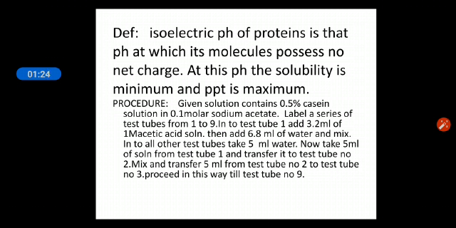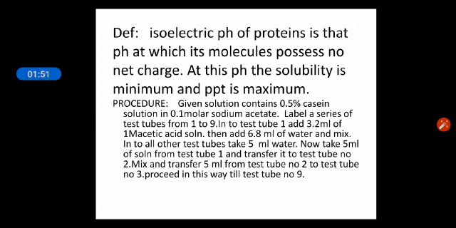So the next heading will be the procedure, in which the given solution containing 0.5% casein solution in 0.1 molar sodium acetate solution will be taken, and now 9 test tubes will be taken and labeled 1 to 9.